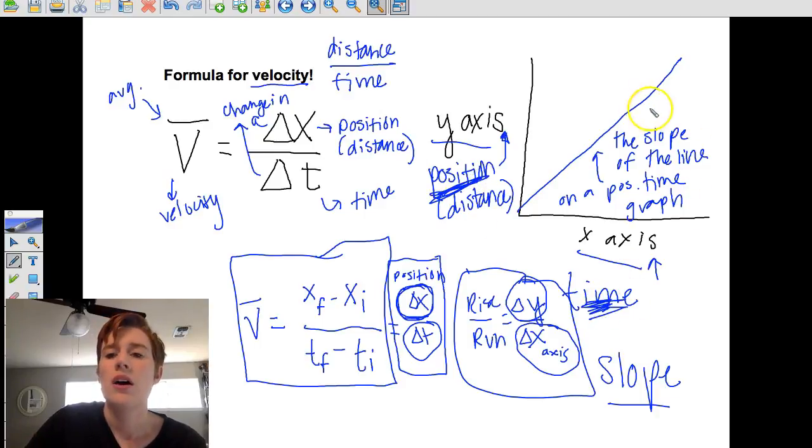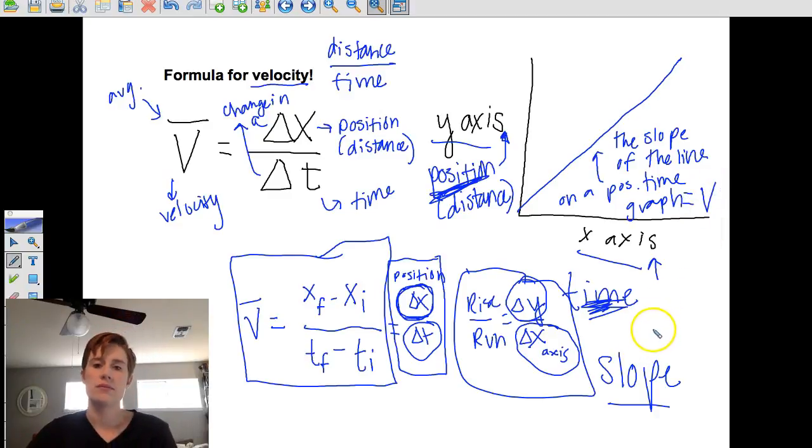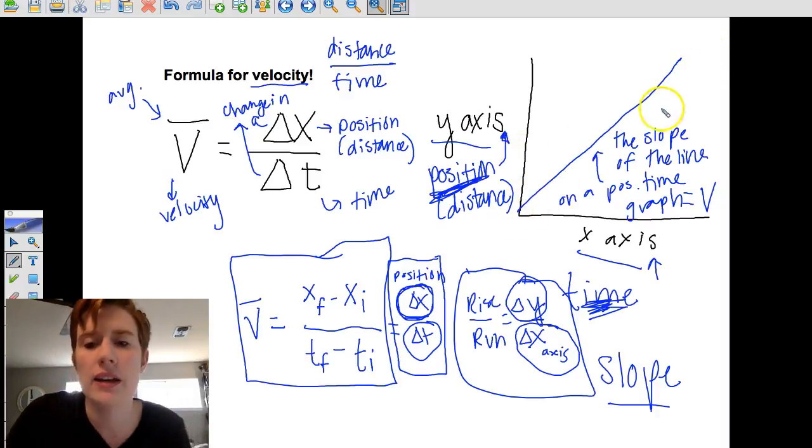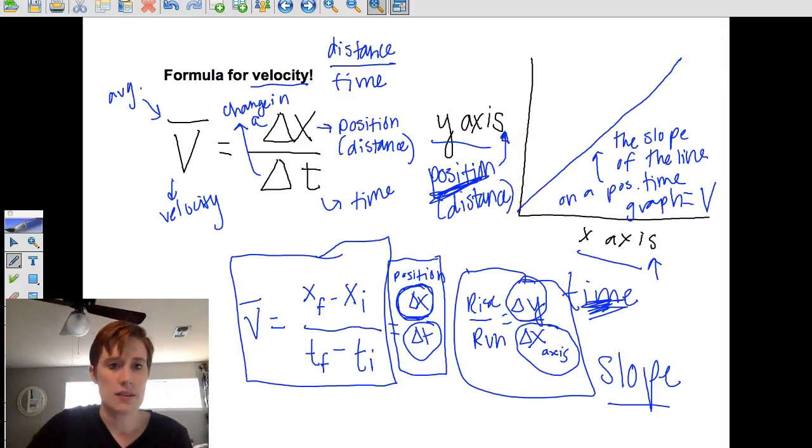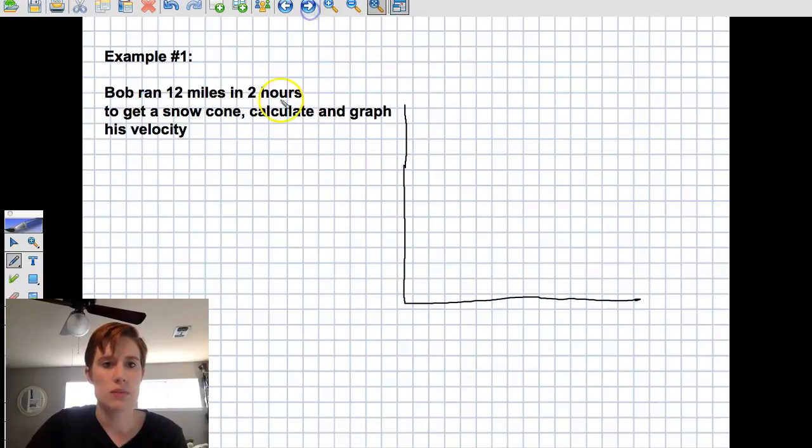So we're going to do some problems with this. This slope of the line is your velocity. Let's go ahead and break this down and do some problems.